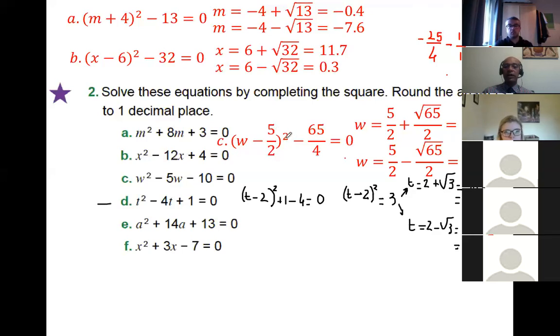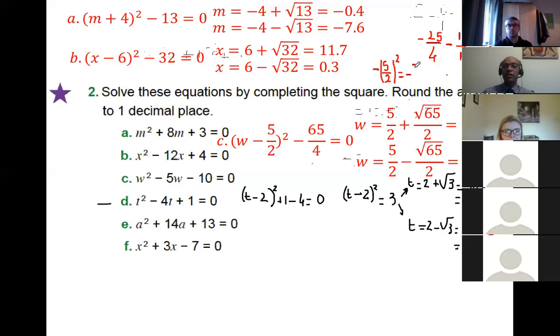So once you square it, you need to compensate, and to compensate, you just need to take away 5 over 2 squared. And 5 over 2 squared is just 5 squared divided by 2 squared. So basically what you need to do is minus 5 over 2 squared. But when you square a fraction, remember when we did that, you need to square both the numerator and the denominator, and that is just minus 25 over 4.